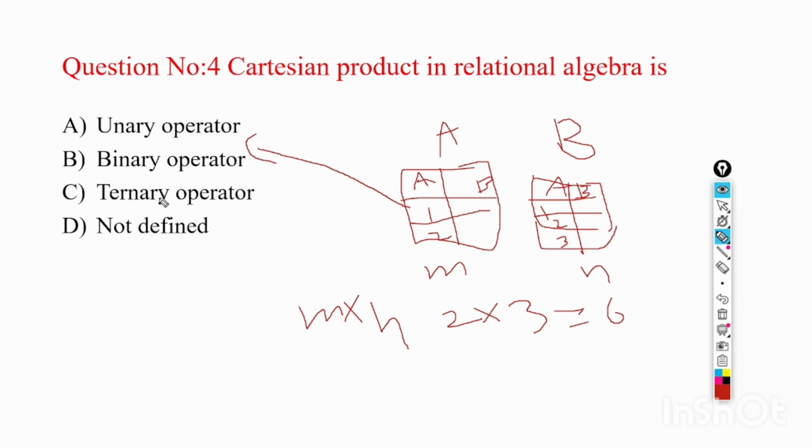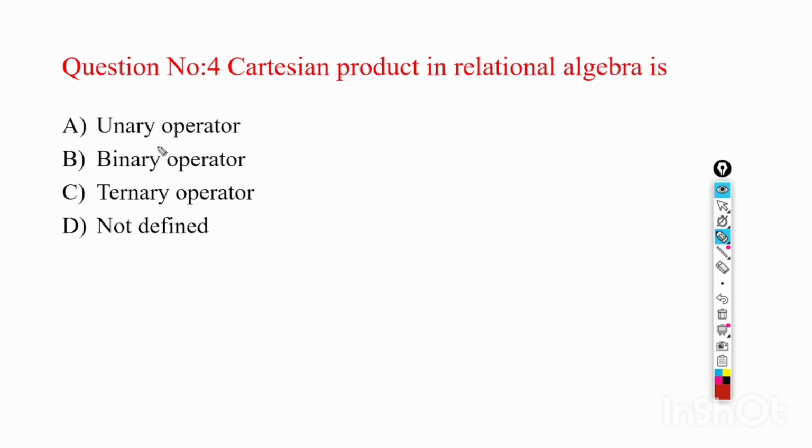So if you want to find the Cartesian product, the formula is M cross N, where M is table A and N is table B. In table A there are two rows, and in table B three rows, so in total 6 rows. This we call a Cartesian product, and this operator is a binary operator.